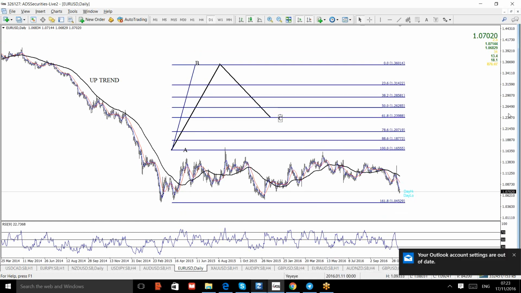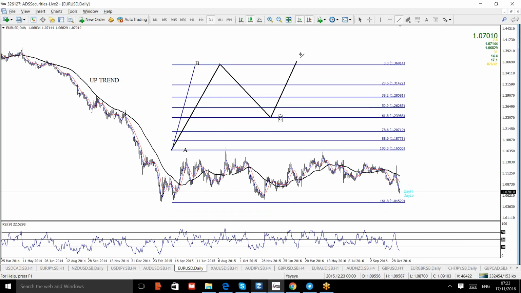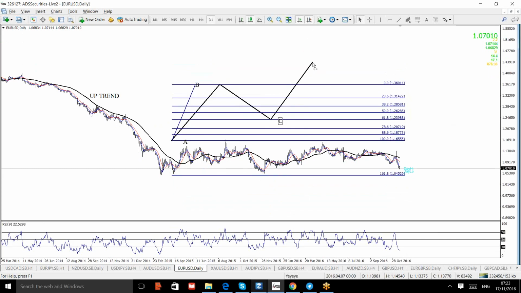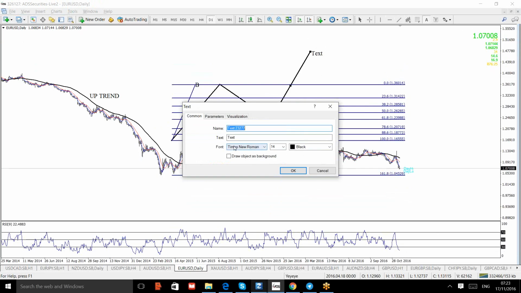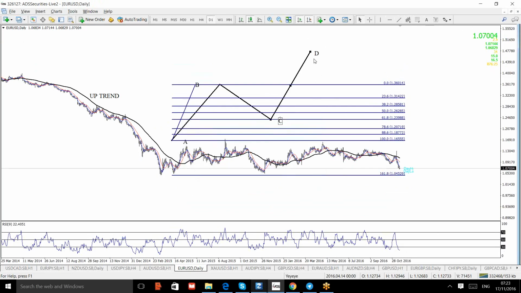Okay. Now, guys, the price obviously will move from C. If it rejects here, it will move from C and move to the upside, right? Right, guys? So, guys, this move from C onwards is called C to D, guys. It's called leg C to D. Everybody understand?